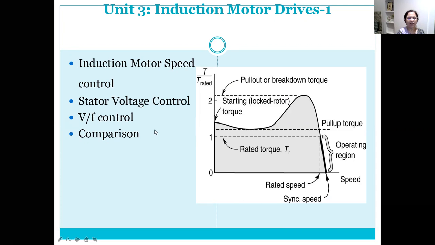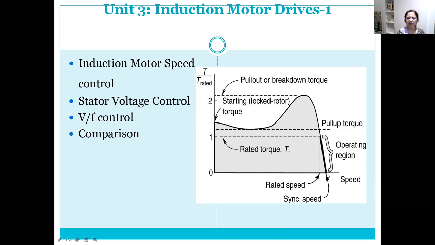The induction motor is considered to be a constant speed motor, and we have two speed control methods which are widely used: the stator voltage control method and the V by f control method. We will see the details of this. Normally, the rated speed is very close to synchronous speed, and at full load torque the slip corresponding to rated speed is about 3%.